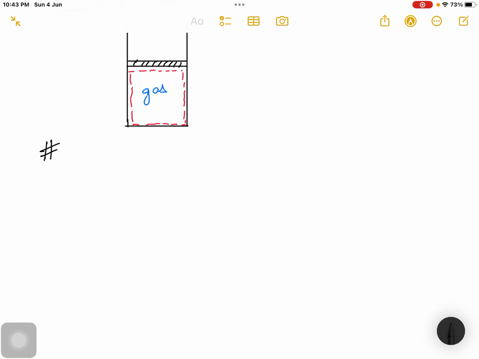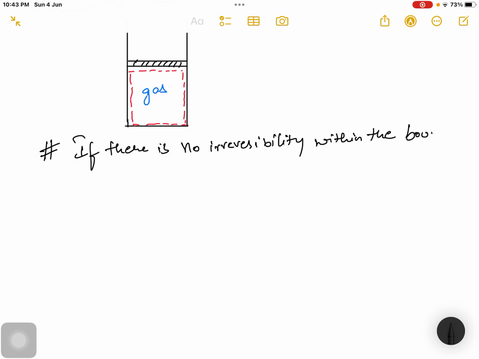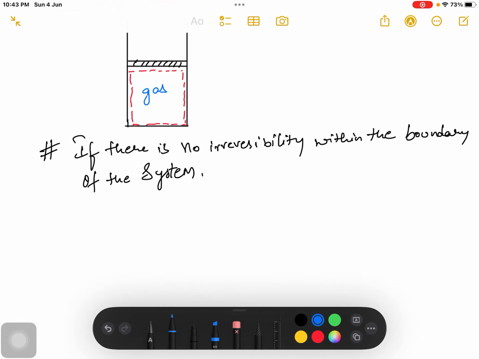Okay, I can write it as: if there is no irreversibility within the boundary of the system.